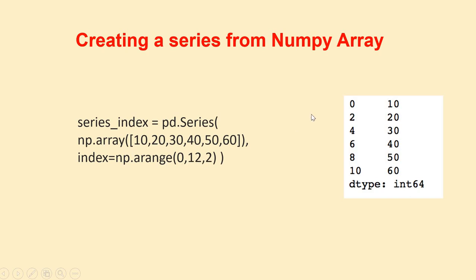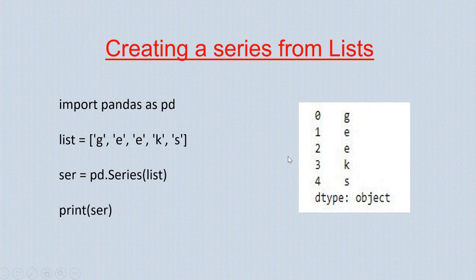It means it will begin with 0 and end 1 less than 12, the upper range. And 2 is the step, meaning the difference between the next elements. So 0, 2, 4, 6, 8, 10. And these are the values of the array 10, 20, 30, 40, 50, 60. And they are type int64.